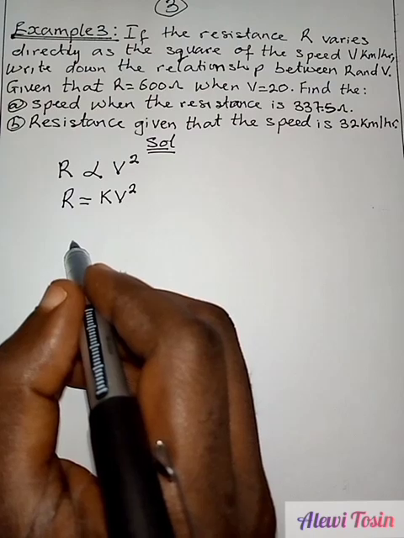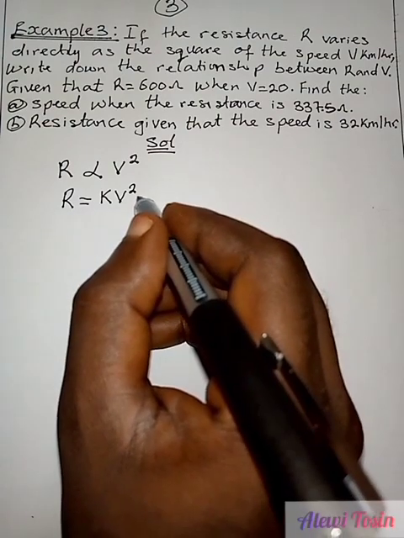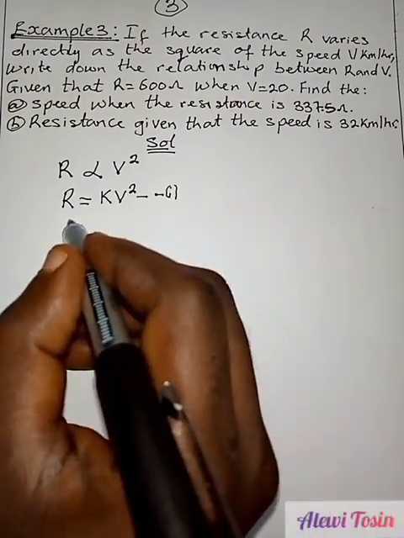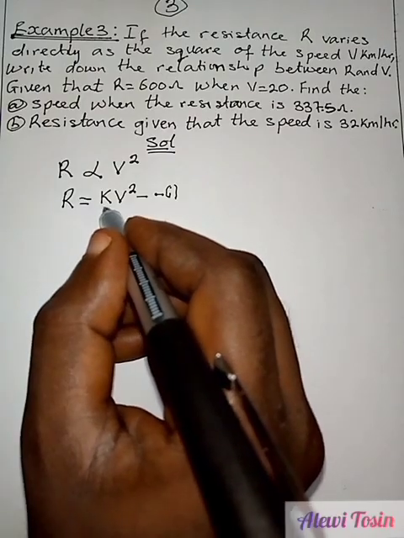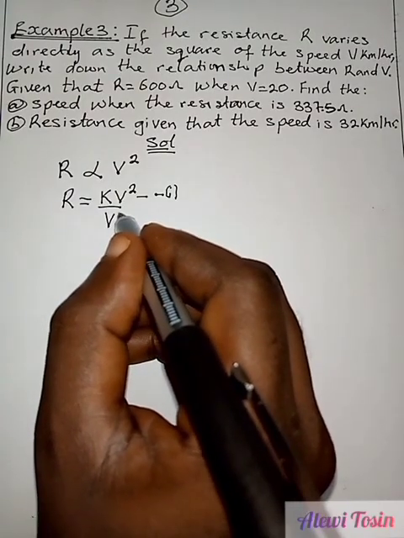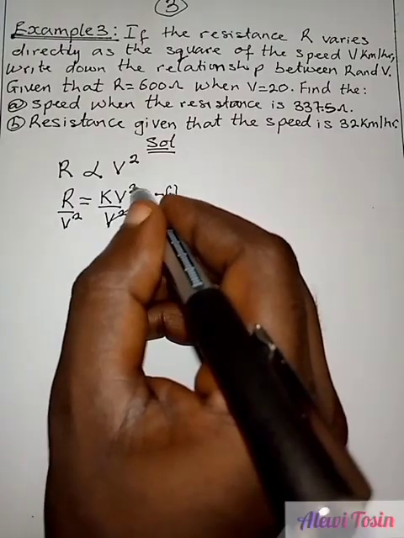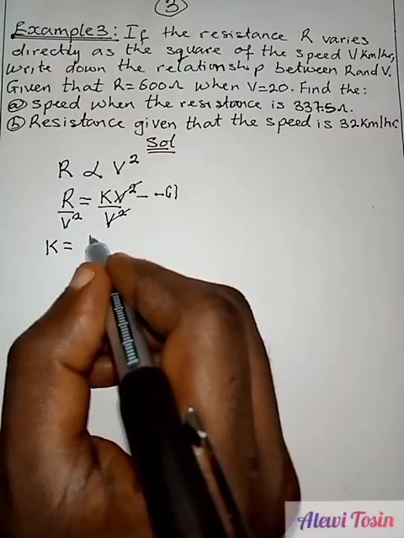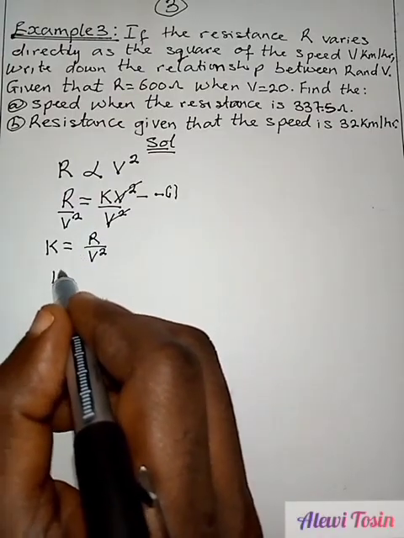This is the equation, let's call it equation 1. Now, if we divide through by V square, V square cancels V square, so our K will be R over V square.